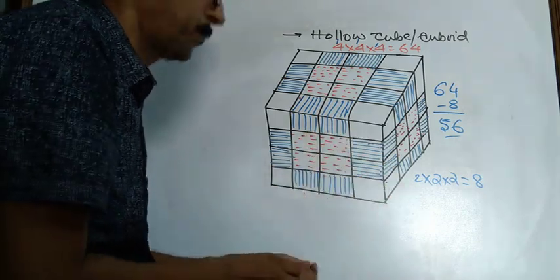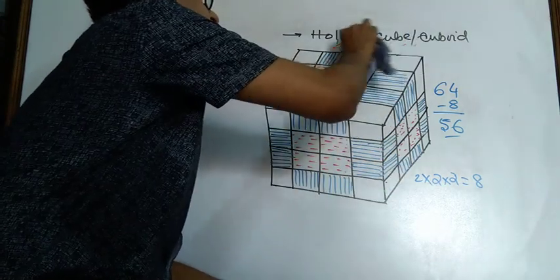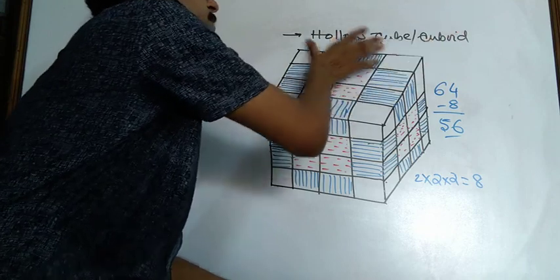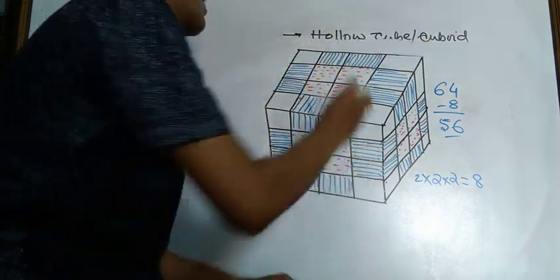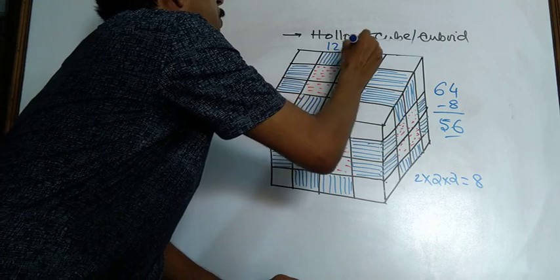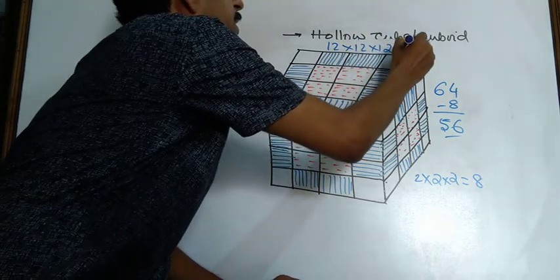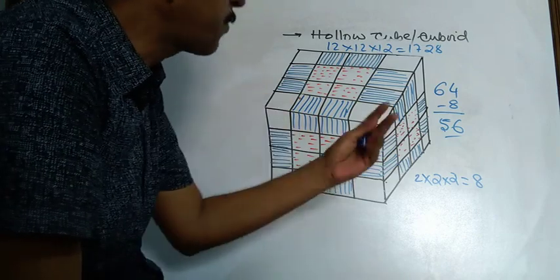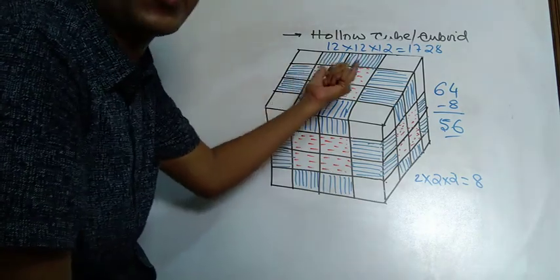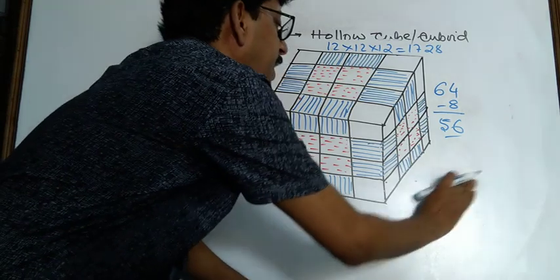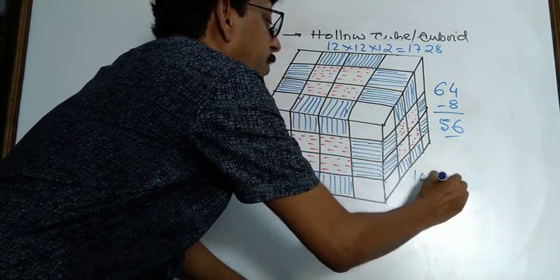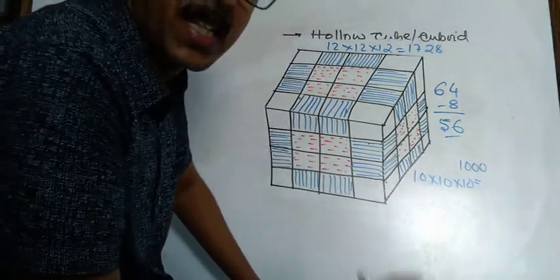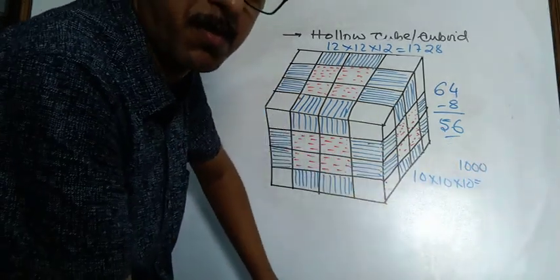So for example, we have this question from a competitive exam: say there is a structure of 12 into 12 into 12, so 1728 small cubes are there. To make this one hollow, what is required is 10 into 10 into 10. In that case the inner volume is 10 into 10 into 10, which is equal to 1000 small cubes lying inside, which have to be removed.